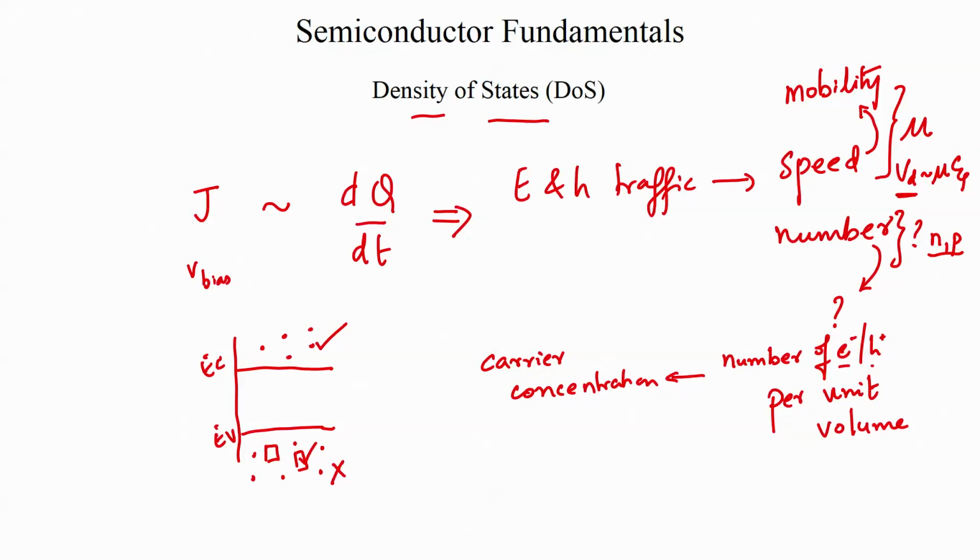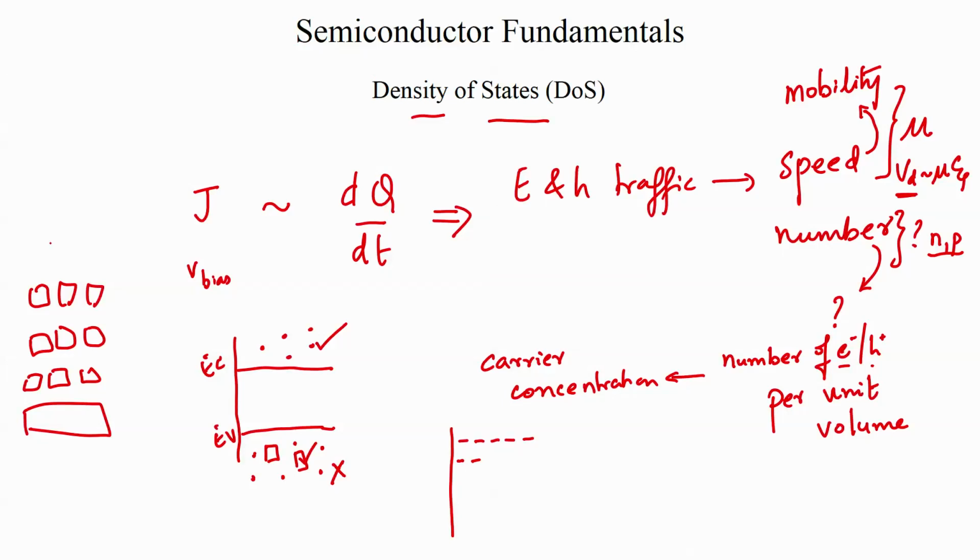Now, the way you go about calculating the number is to first identify the number of seats, or the number of solutions to Schrodinger's equation, that electrons and holes can occupy. Imagine a classroom with lots of chairs, and students can come and sit in the classroom, but you make a rule that a student has to sit on a chair.